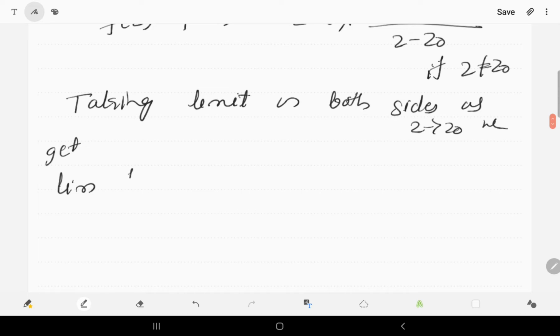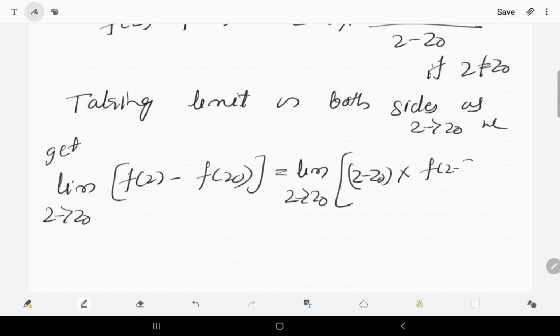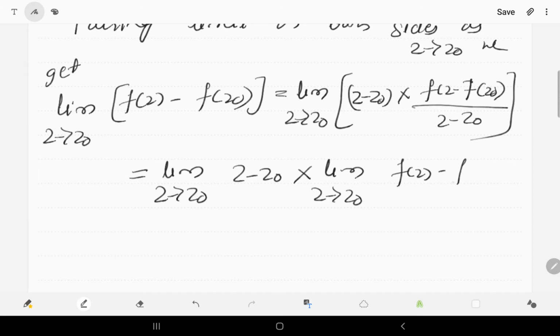the limit of f of z minus f of z0 as z tends to z0 is equal to the limit as z tends to z0 of z minus z0 into f of z minus f of z naught divided by z minus z naught. This is equal to the limit as z tends to z naught of z minus z naught into the limit as z tends to z naught of f of z minus f of z naught divided by z minus z naught.